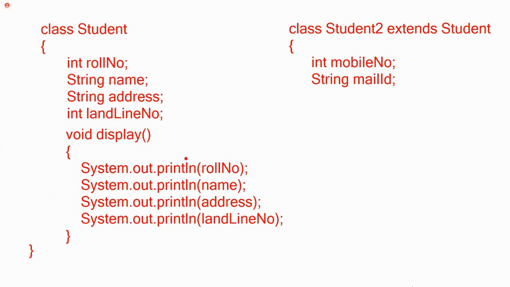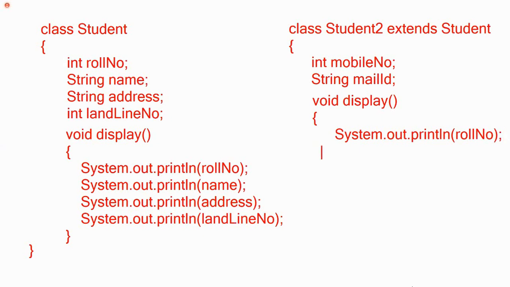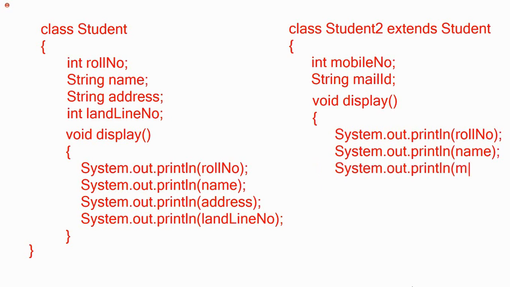Now, in the Student2 class, I'll override the same method, display. Then here, can I access that roll number? Yes. Next, System.out.println name, System.out.println mobile number. Now I'm not printing address and landline number.